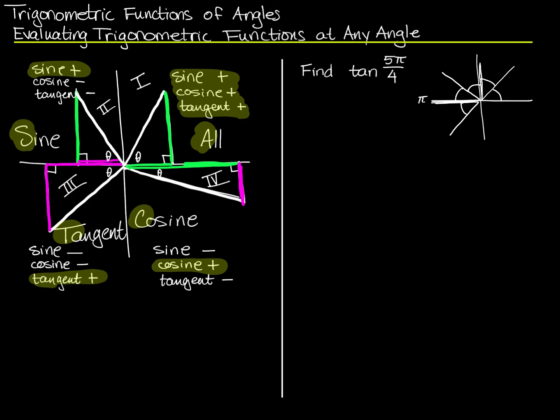So the angle that I'm interested in is this one here, 5 pi over 4. But to find the numerical value for that, I'm going to drop a vertical, creating a right triangle. There's my right angle corner.